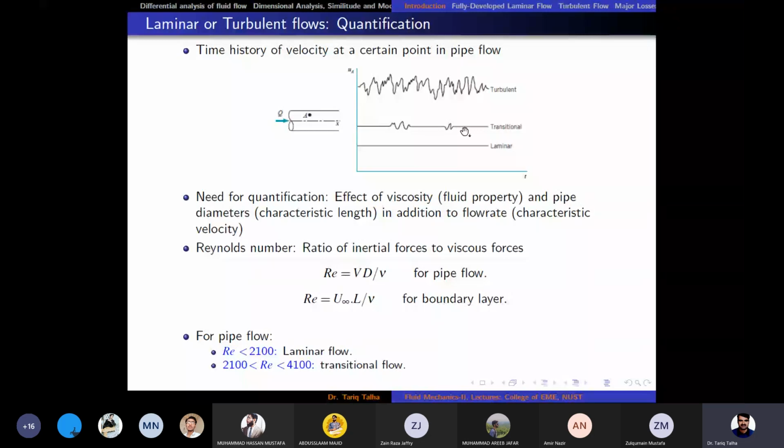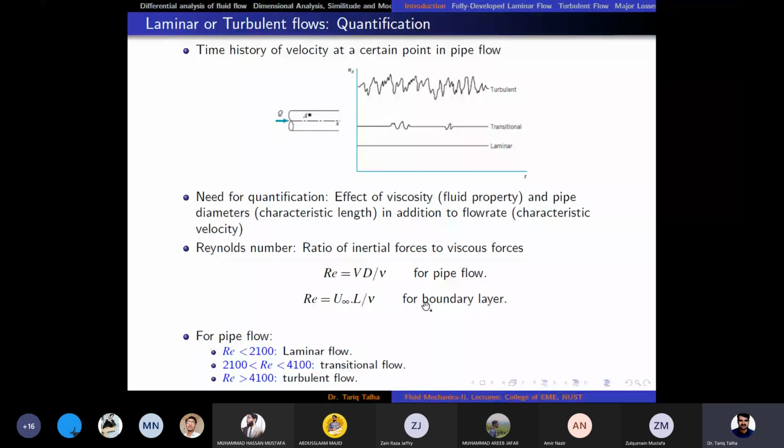Transitional flow is this middle line, which has some intermittent fluctuation. And if the Reynolds number of the flow is more than 4100, then we can say that it is turbulent flow. But this is only valid for the pipe flow, which is internal flow.